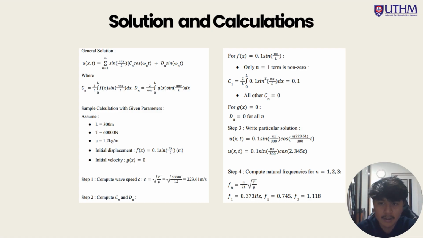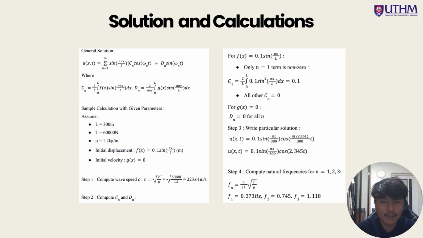The initial displacement is f(x) equals 0.1 sine(pi x per L) meter, and the initial velocity is g(x) equals 0. The first step is we compute the wave speed, which is c equals square root of T over mu. It becomes square root of 60,000 over 1.2. We get 223.61 meter per second.